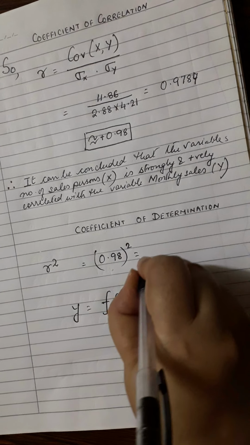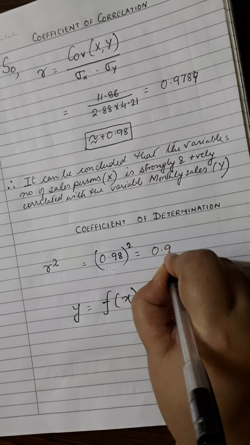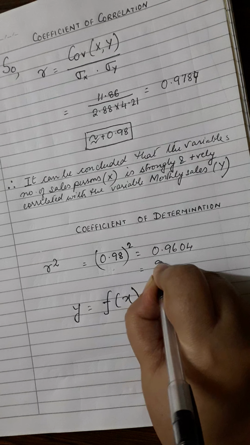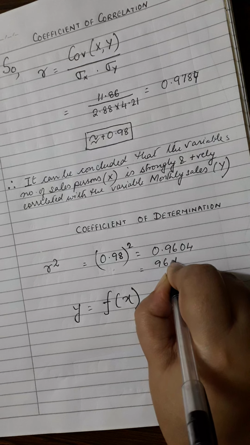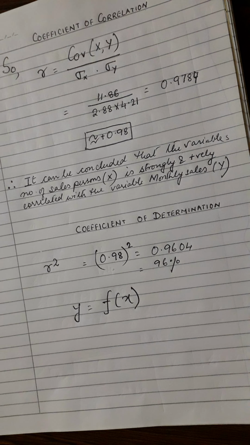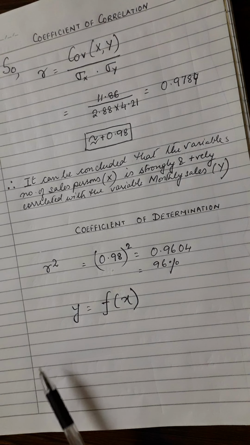The value is 0.9604. So we can definitely say it is 96% or 96.04% coefficient of determination. That is, the value of x can actually explain 96% of the variations that is going to take place in the value of y, that is monthly sales.